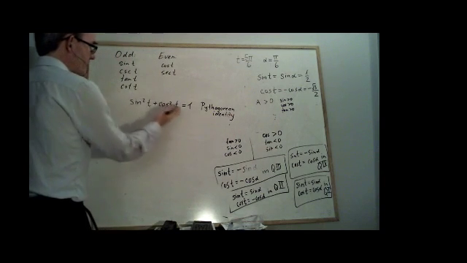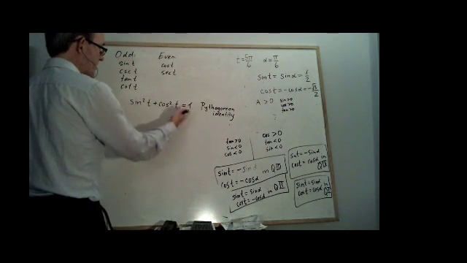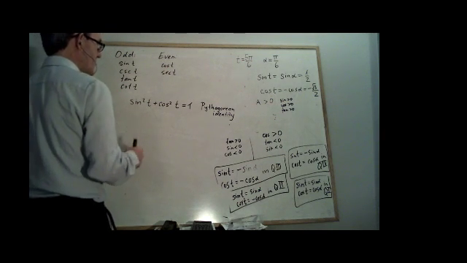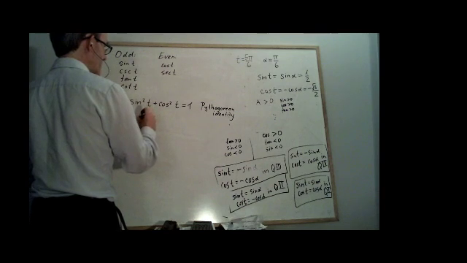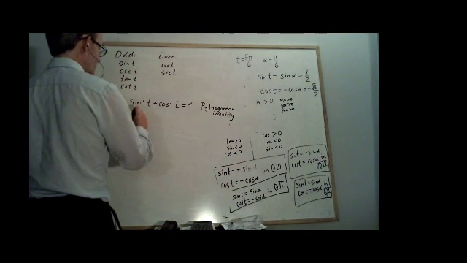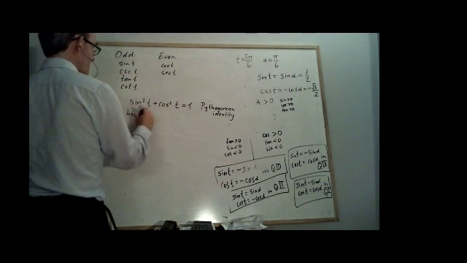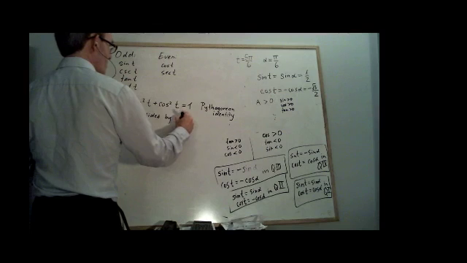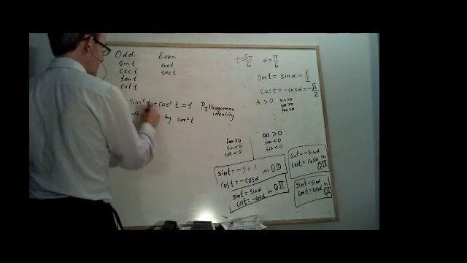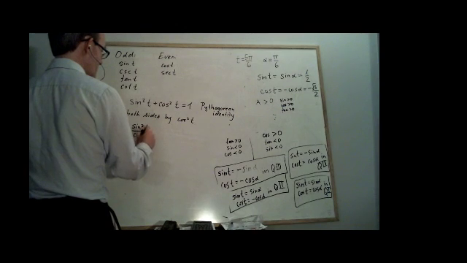Now there are other identities which you can get simply by dividing both sides of this one by some quantity. So we'll first divide it by the cosine squared of t. Divide both sides of the equation by cosine squared of t, and each term gets divided now by cosine squared t.